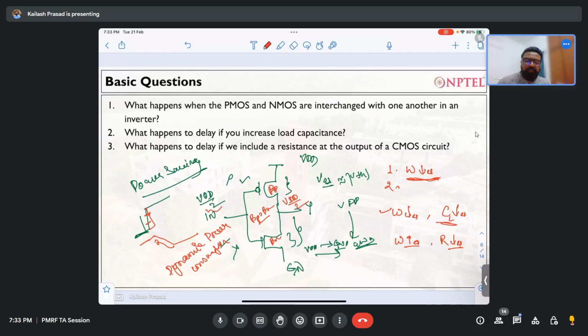So to answer your question, Raja, when both PMOSes and NMOSes are on, if the input is at VDD by 2 and beta p and beta n are equal, the output will be VDD by 2. If beta p and beta n are not equal, it will act as a resistance divider network and you can find the voltage accordingly. If you don't know the input, you don't know the output, but it will be an intermediate output between 0 and VDD.